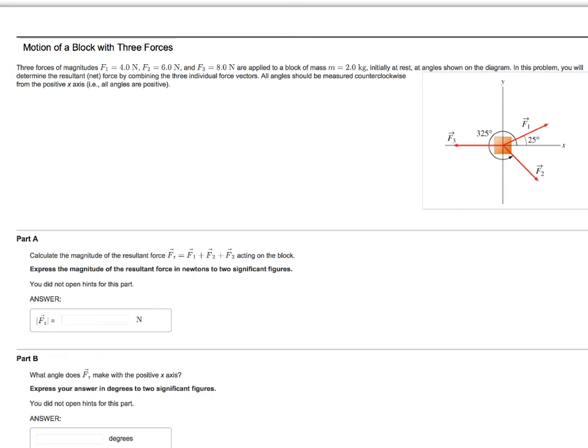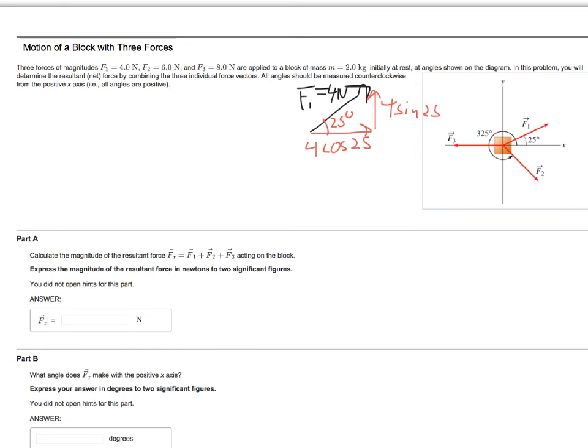So I'm going to start by breaking my forces into components. I'm just going to draw them up here. I have F1, which has a magnitude of 4 newtons, and I'm going to break that into components. We know this angle here is 25 degrees, so this side is going to be 4 cosine of 25, and this side is going to be 4 sine of 25.